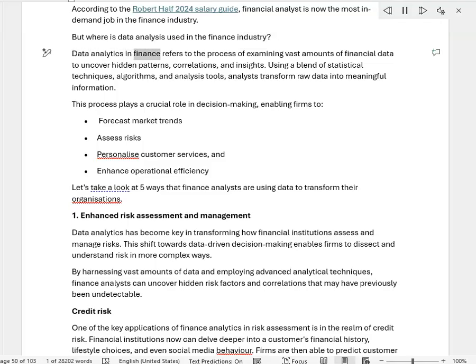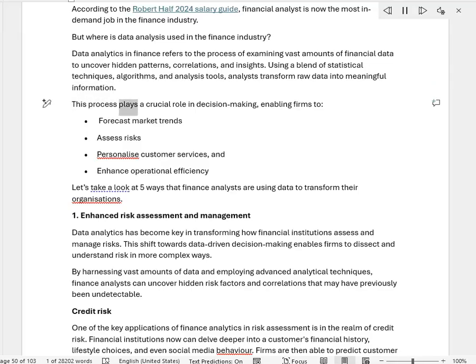Data analytics in finance refers to the process of examining vast amounts of financial data to uncover hidden patterns, correlations, and insights. Using a blend of statistical techniques, algorithms, and analysis tools, analysts transform raw data into meaningful information.